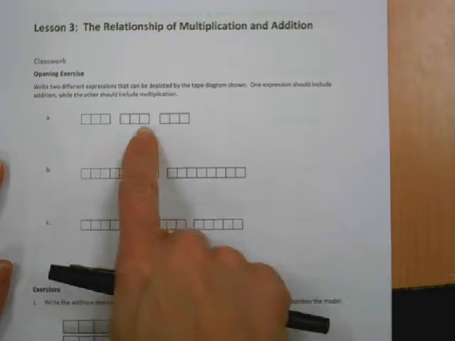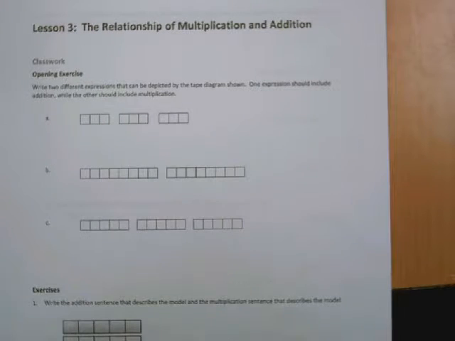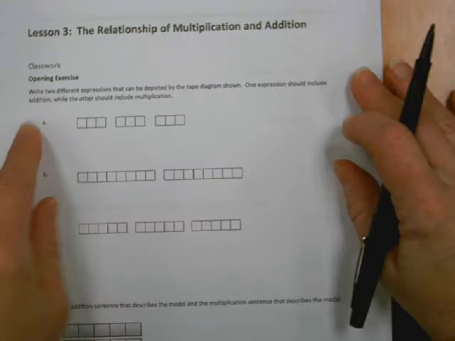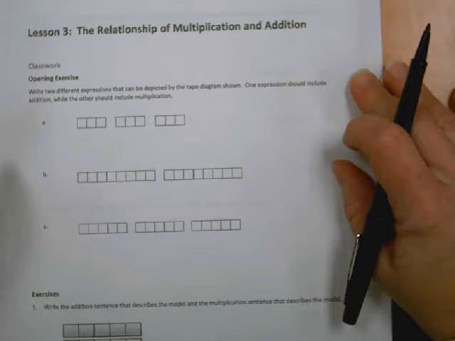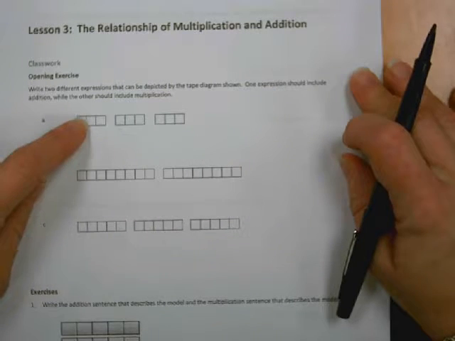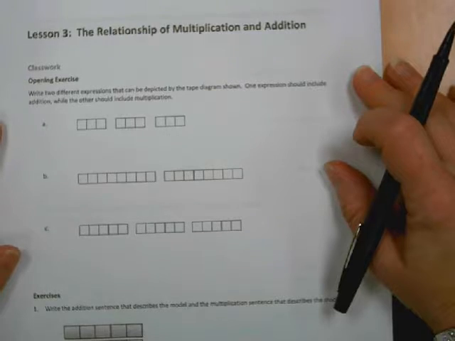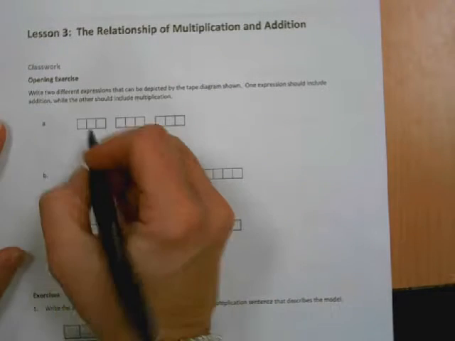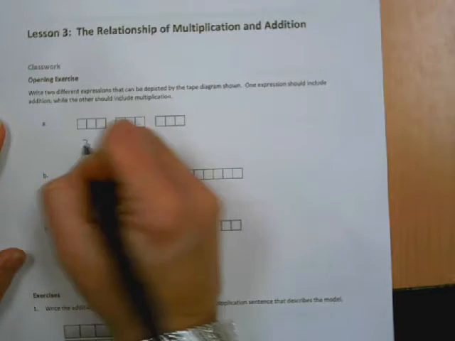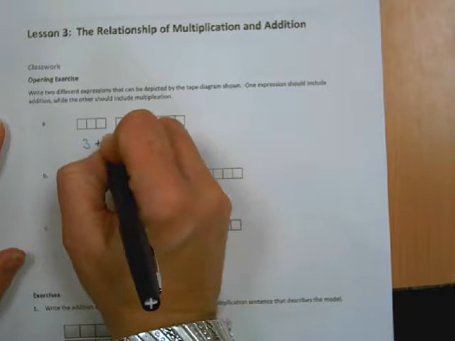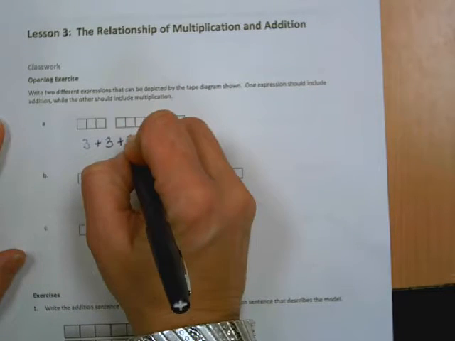So we're looking at these squares and thinking about how we could write 2 different expressions that are shown by this tape diagram. I see that each of the groups has 3 squares. So an answer that might show addition for this would be 3 plus 3 plus 3.